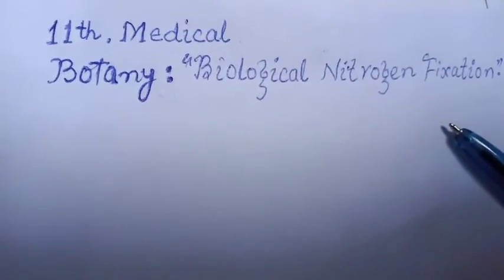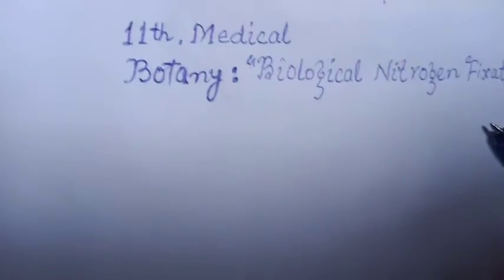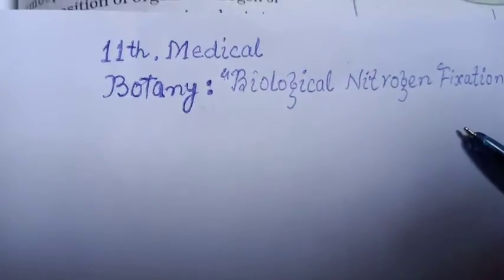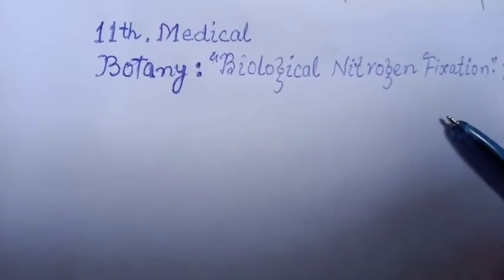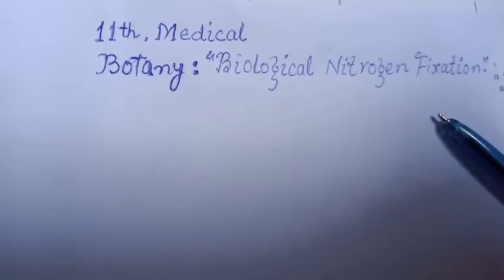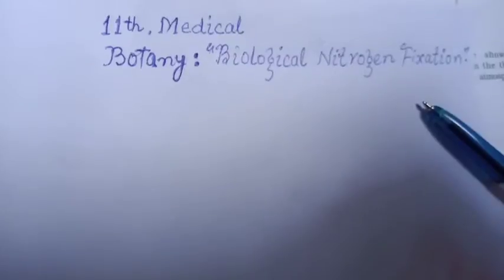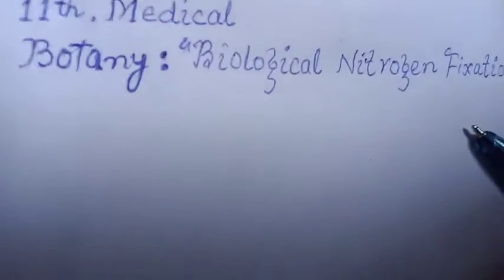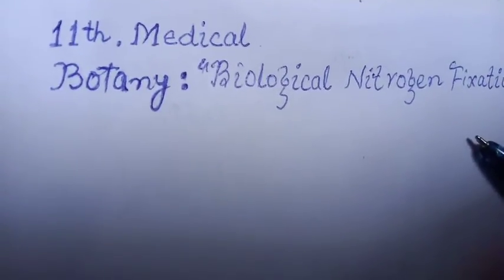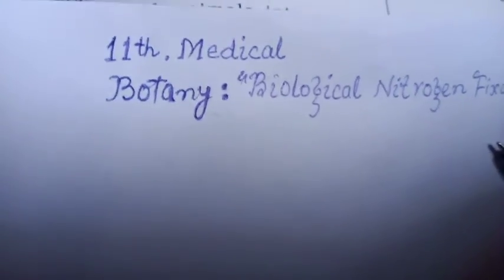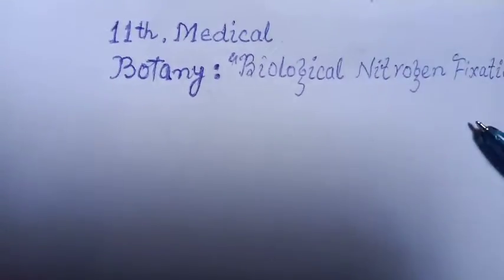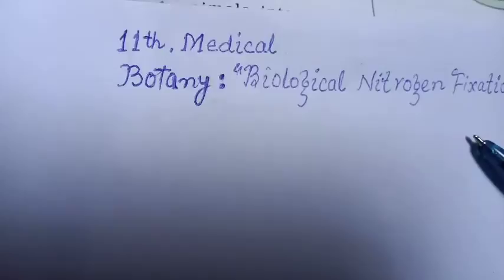As you know, nitrogen is among the macronutrients. We have already discussed that nitrogen belongs to the class of macronutrients, the nutrients that are required by the plants in large proportions. You must also know that nitrogen is the main component of the air.